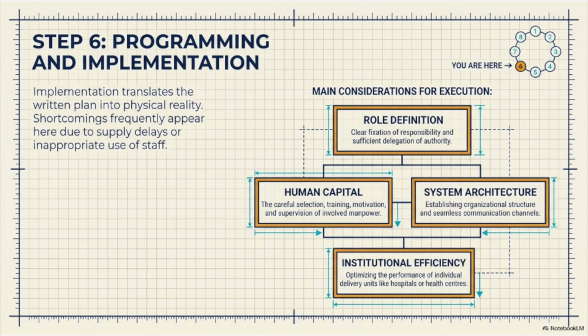The sixth step is programming and implementation. This is where the written plan is translated into physical reality. Shortcomings frequently appear at this stage due to supply delays or inappropriate use of staff.